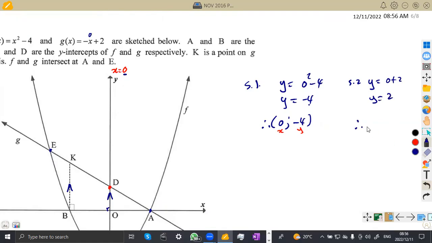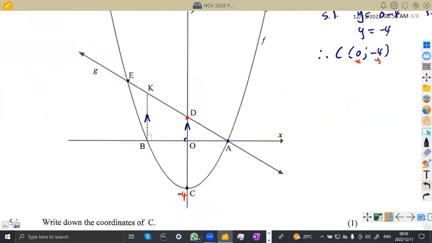So therefore, for the point D, the value of x is 0, the value of y is 2. So that's (0, 2). That means the value of y here is 2.